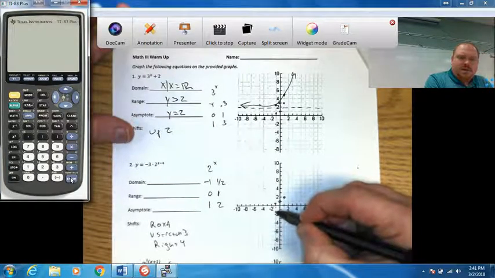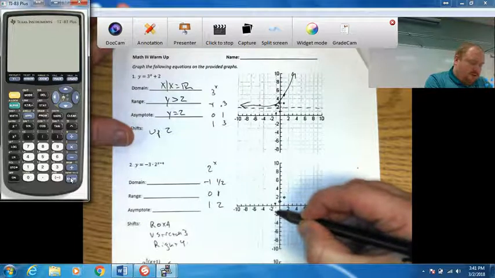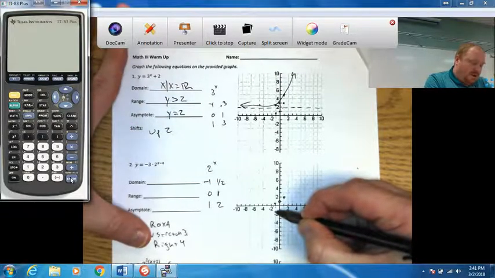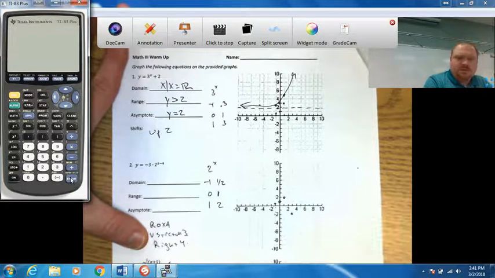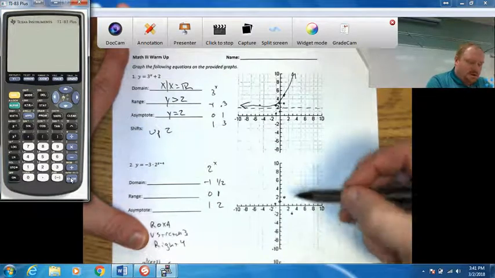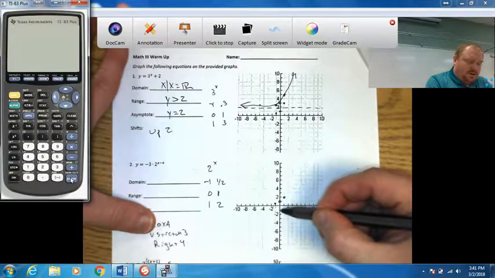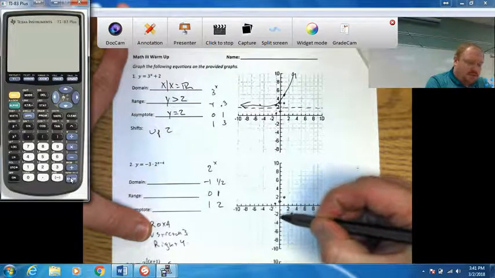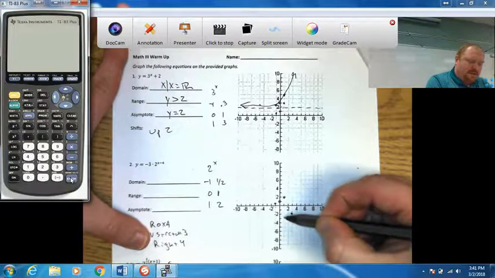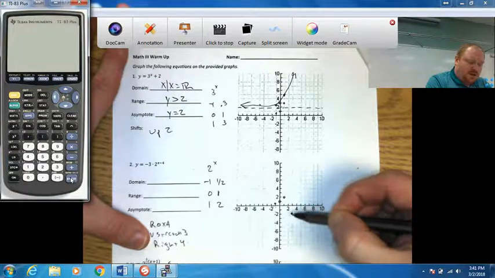Now, right 4: 1, 2, 3, 4. There's our first point. For the second point, reflect over the x-axis. It's at negative 1. Times 3 puts it at negative 3. And then right 4: 1, 2, 3, and 4.